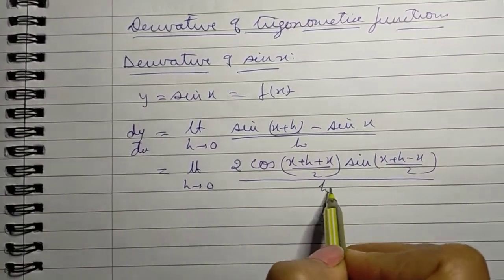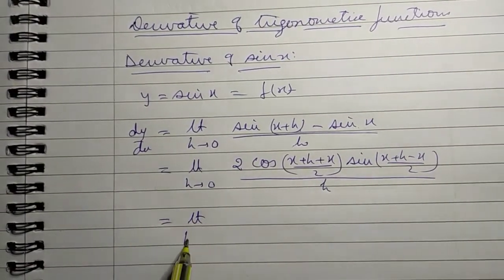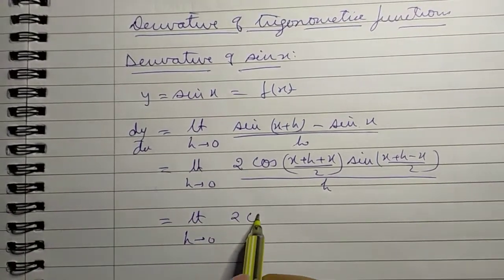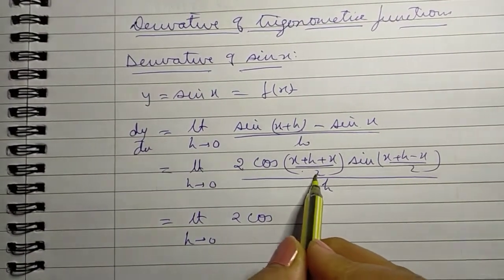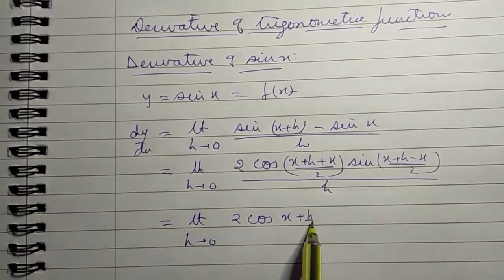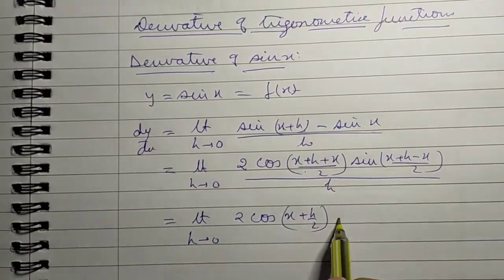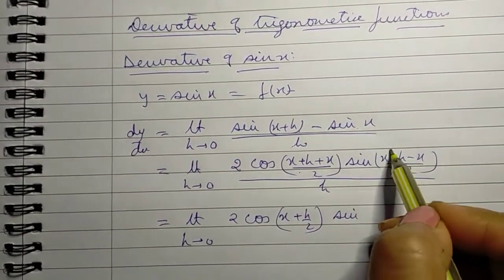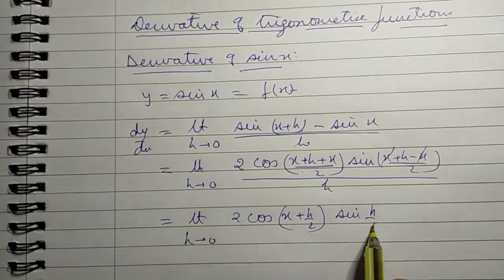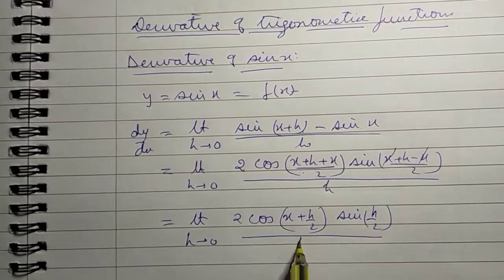This comes out to be limit h tending to 0, 2 cos of (2x plus h) by 2, which is x plus h by 2, into sin of h by 2, as x and x get cancelled, upon h.